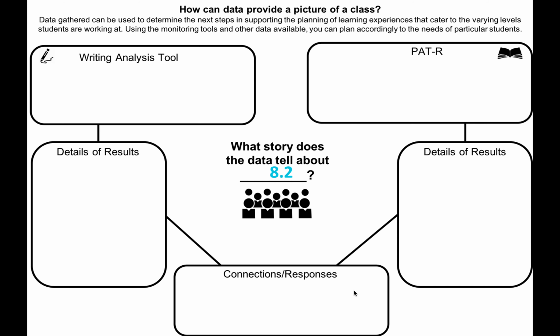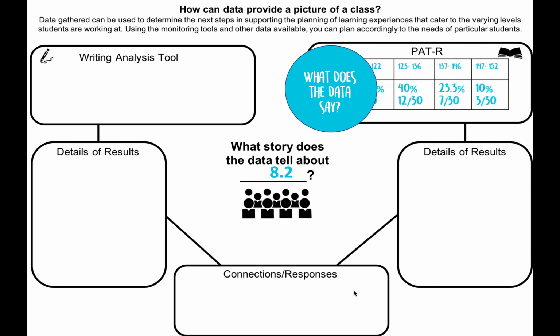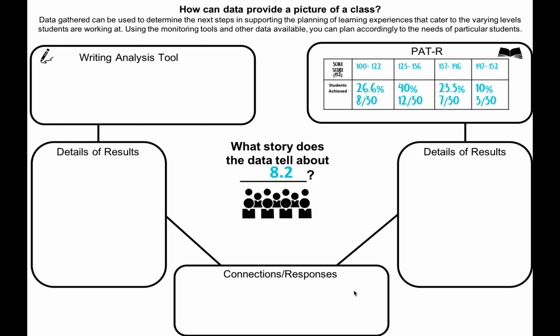I'm also going to draw on the data available via PAT reading. So when analysing this data, it's for the previous year for this group of students. And I can see that 8 out of 30 students in my class are sitting on a scale score of between 100 and 122.